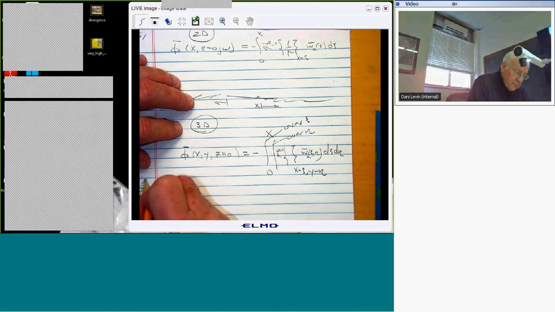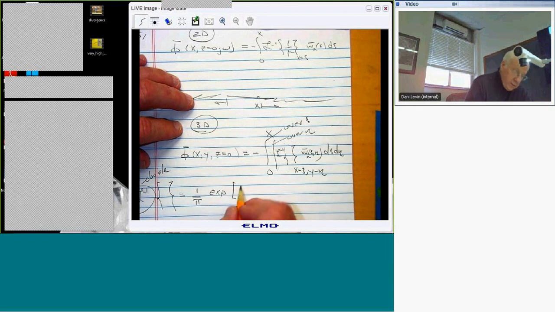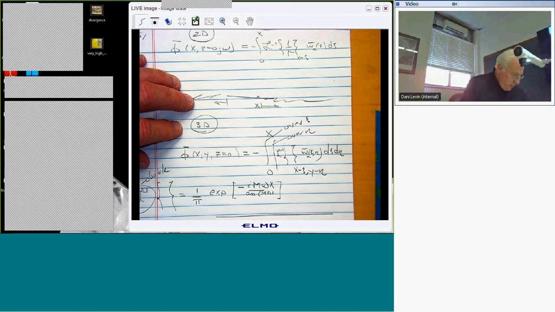I'll call it double. It is 1 over pi, the exponential. This will be very familiar to you. x over a infinity over m squared minus 1. That was the same factor we had in 2D flow. Then it all gets divided by the square root of m squared minus 1.